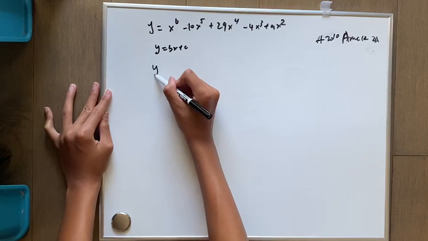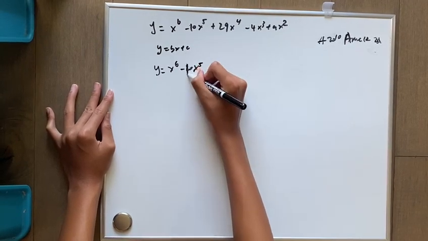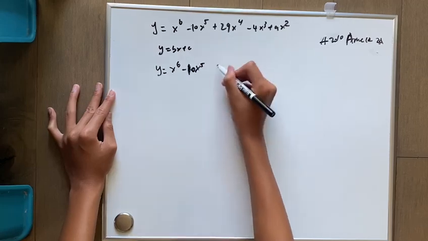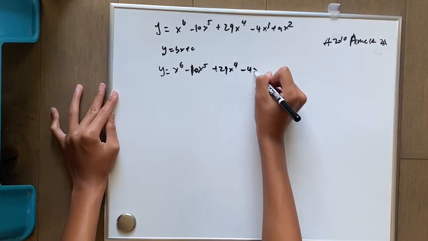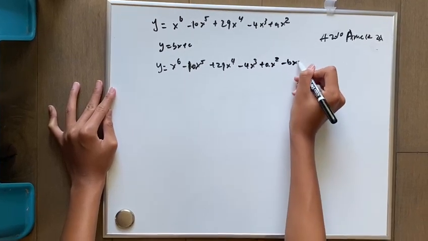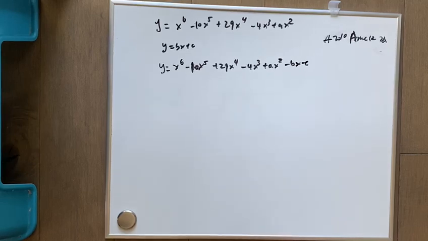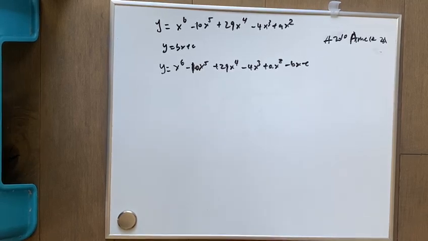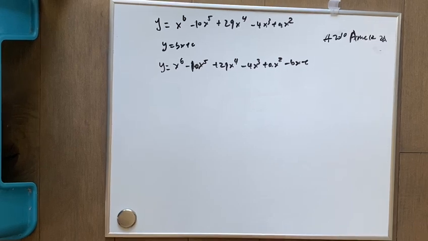So we can have y equals x to the 6. If we combine these two equations and subtract one from the other, we get this equation instead. And this is basically what we are looking for, which is the intersection points.